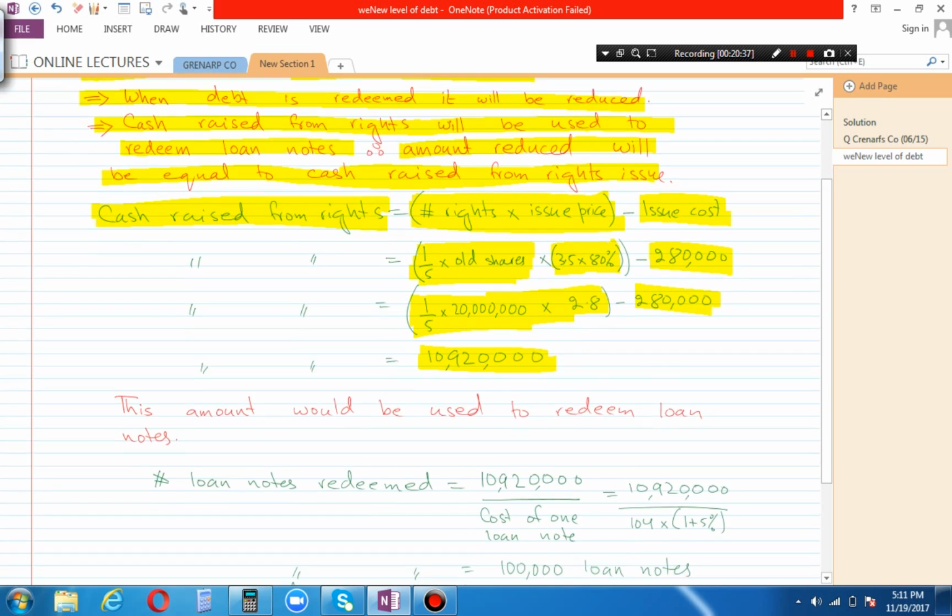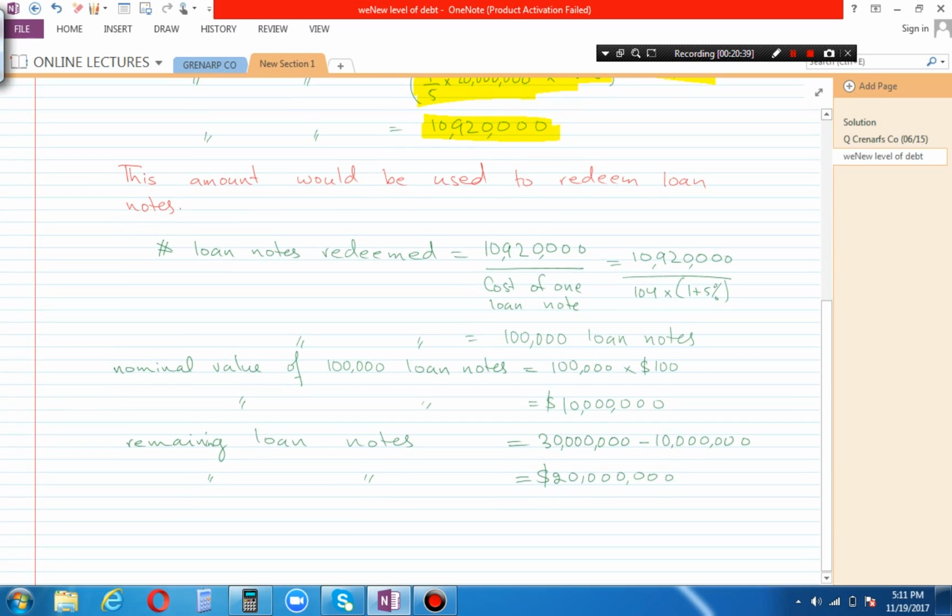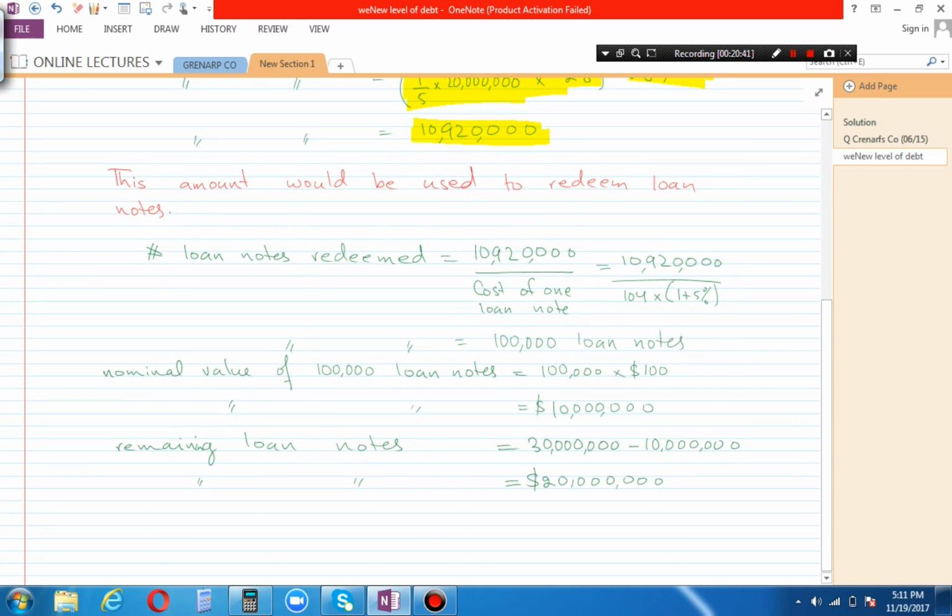Once you have the cash raised, this amount would be used to redeem the loan notes. So the number of loan notes redeemed would be 10.92 million divided by the cost of one loan note.